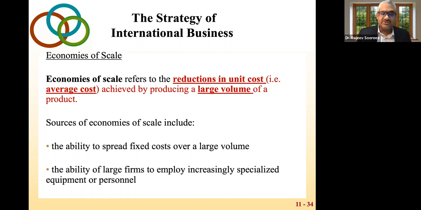Economies of scale also include the ability of large firms to employ increasingly specialized equipment and personnel, right? As you become larger, you can employ someone in your engineering department, in analytics, or in AI and machine learning. So you can have very specialized personnel in your department.